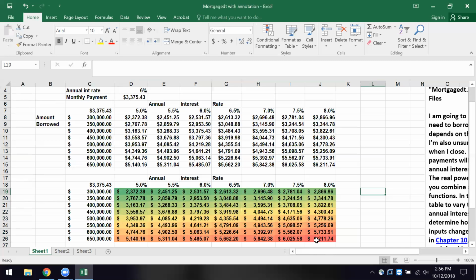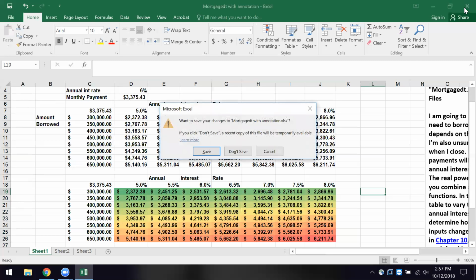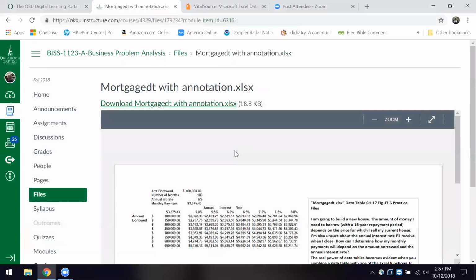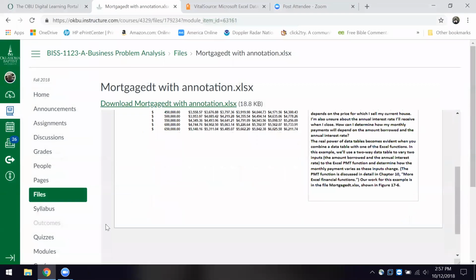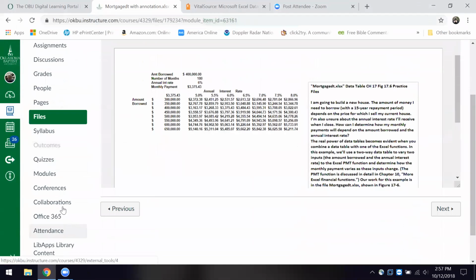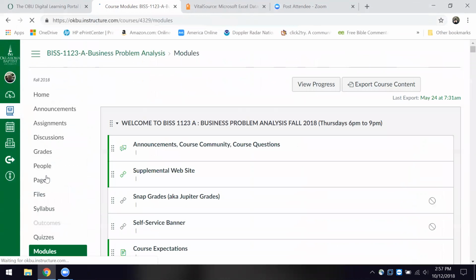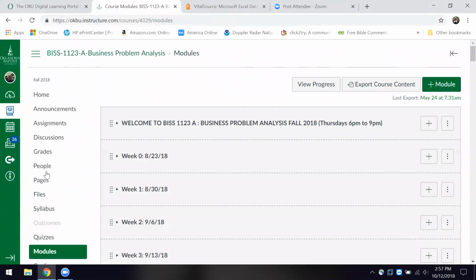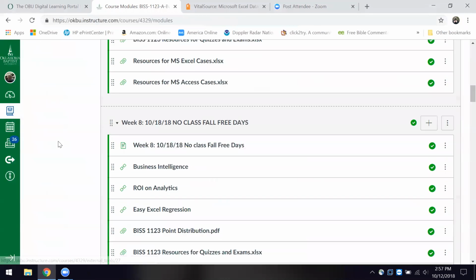Okay? I think that takes care of what we had covered last night. And I'll close this as well, and we're not going to save it. It will take us through these XLSX cases that we had due.